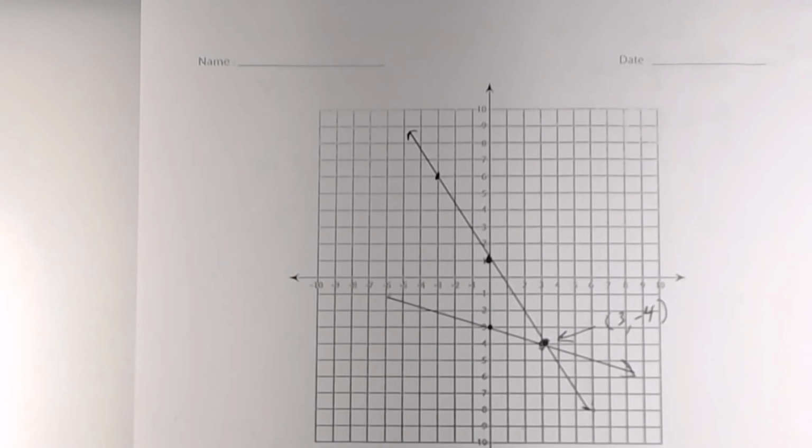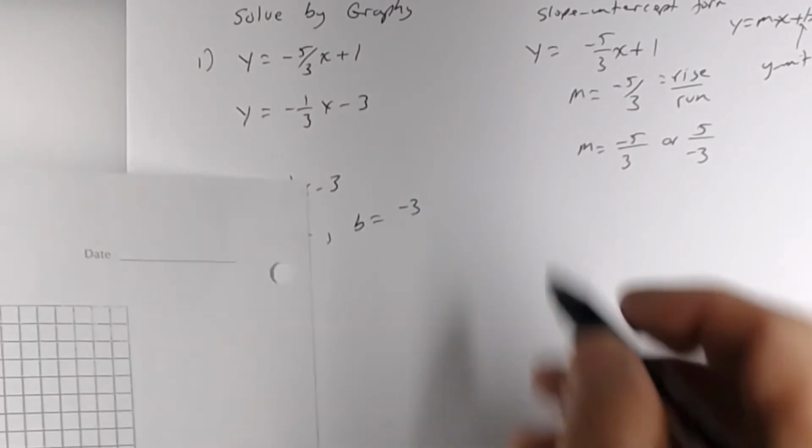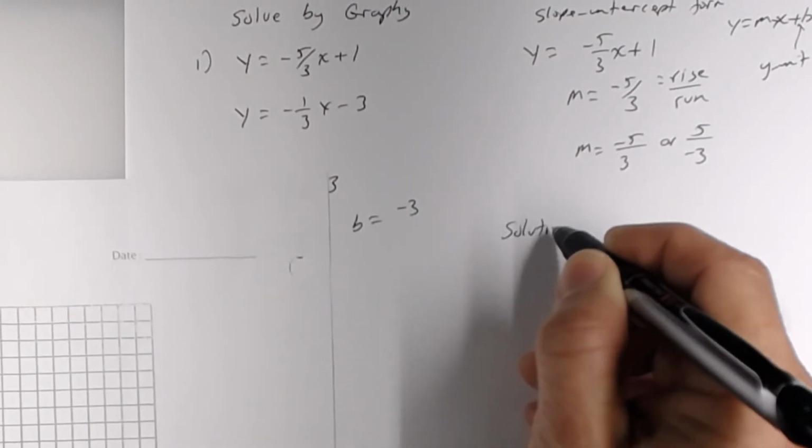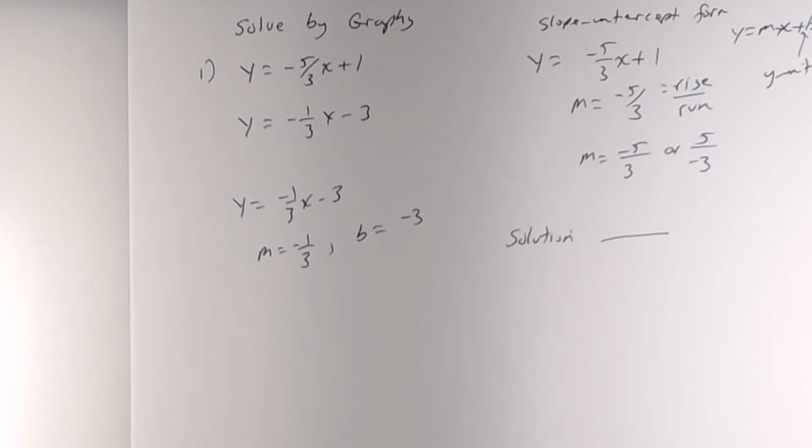Okay, so that's where they intersect. So wherever the two graphs intersect is the solution to what idea? The system. So there's going to be a spot where it's going to say solution and a blank, and you're going to put what in that blank?